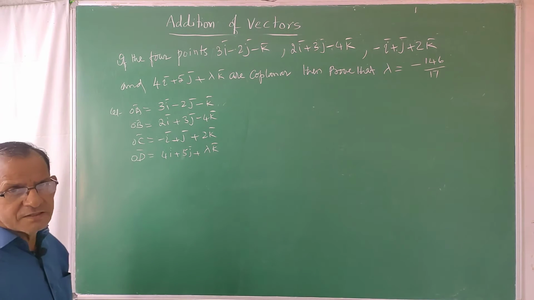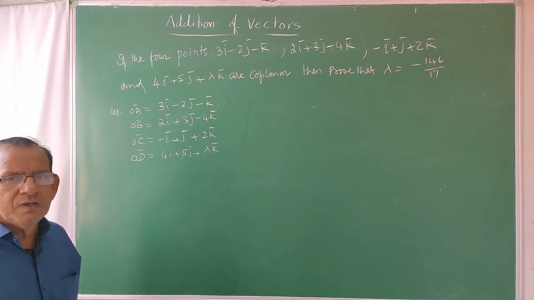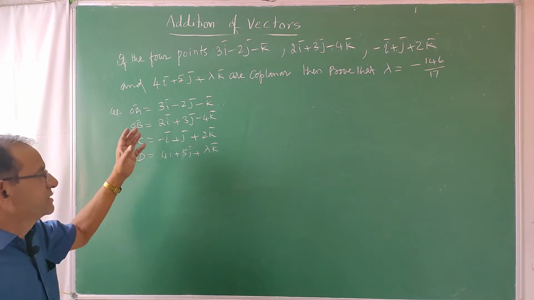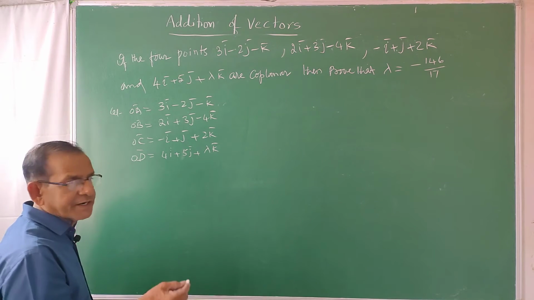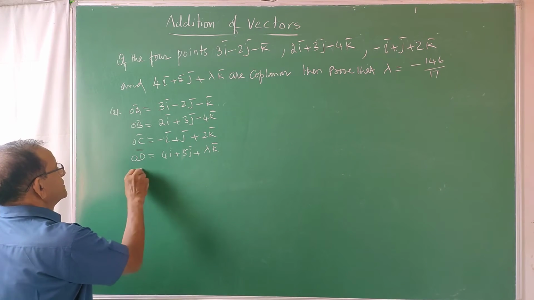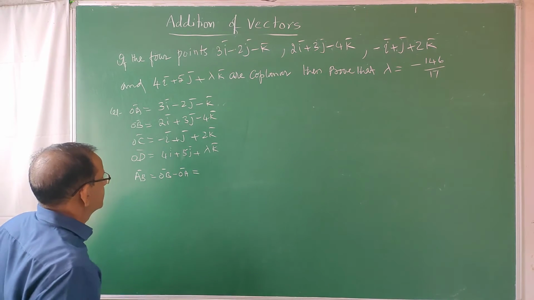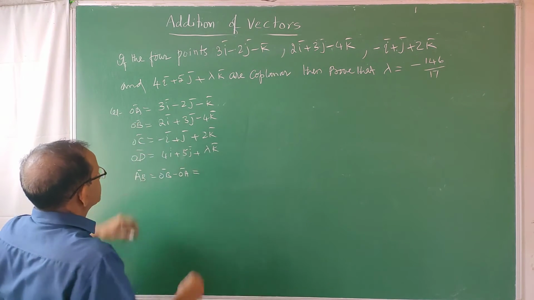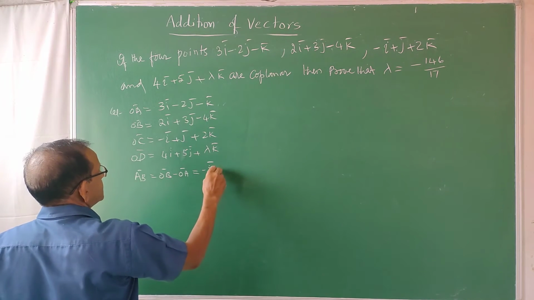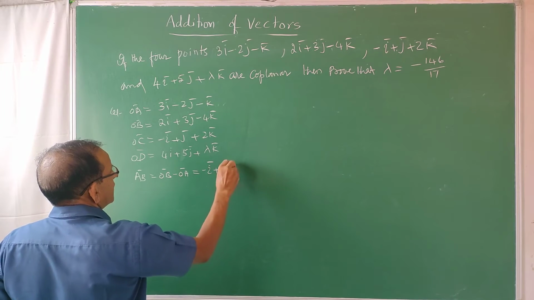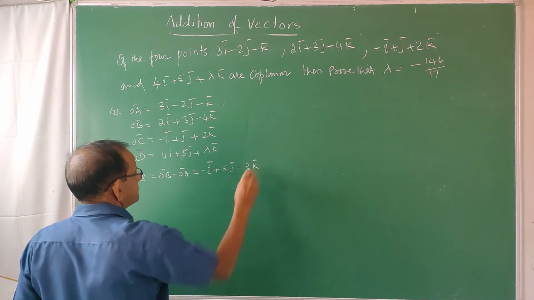Now given that these 4 points are coplanar, let us find 3 vectors using these 4 points with a common point A, that is AB bar, AC bar, AD bar. So AB bar is OB minus OA, second minus first: 2I minus 3I, minus I bar, 3J plus 2J, 5J bar, minus 4K plus K, that is minus 3K bar.